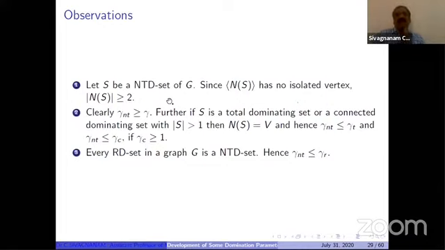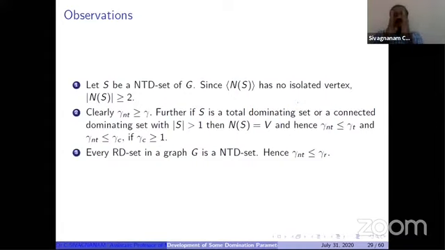And since every neighborhood total dominating set is a dominating set, we have the condition gamma NT is greater than or equal to gamma. And if S is a total dominating set or a connected dominating set of cardinality greater than 1, then what is NS you can see?